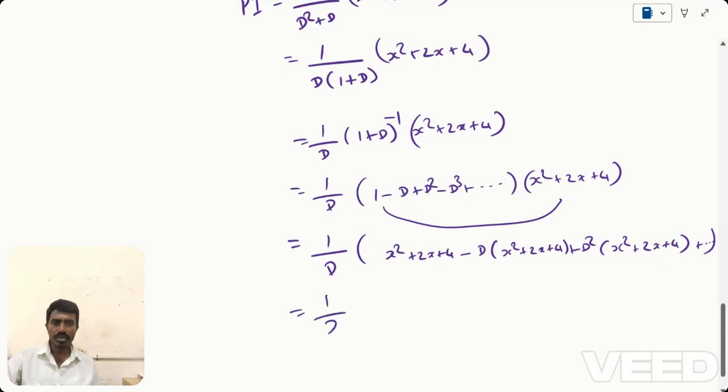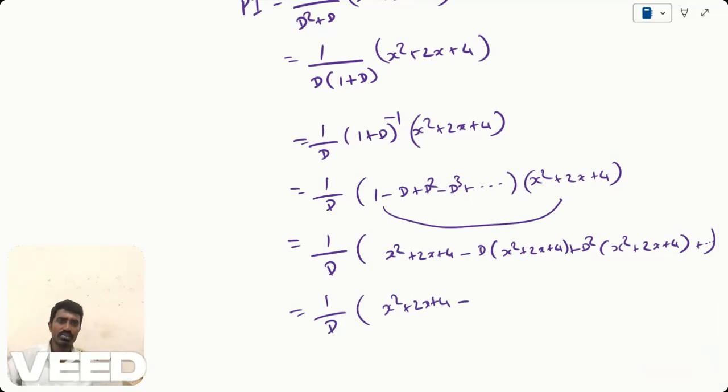So 1 by d of x square plus 2x plus 4 minus, d means differentiation with respect to x. So differentiate this polynomial with respect to x, then what do you get? 2x plus 2 minus, if you differentiate twice, then what do you get?